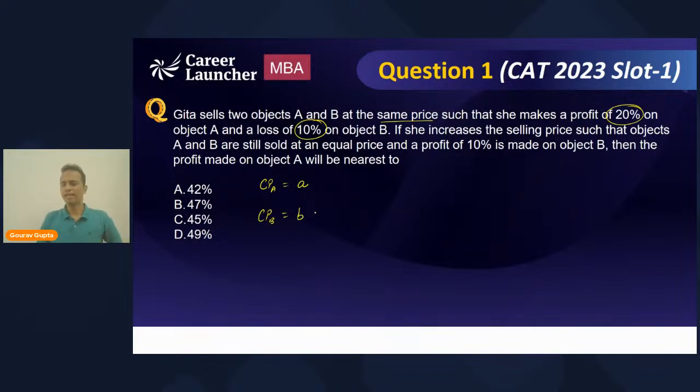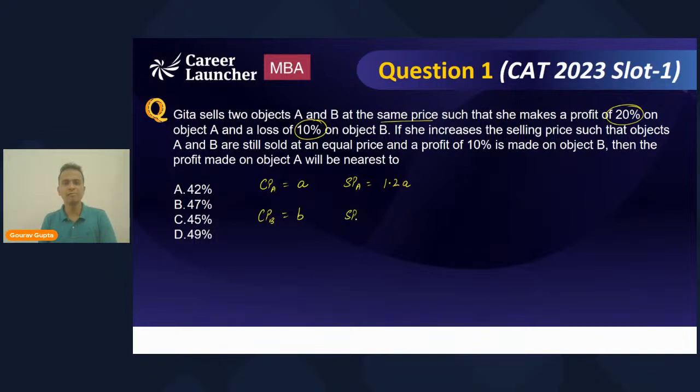Now, I will have to find out the relation between A and B. So, we are given that she has made a profit of 20% on A. So, the selling price of object A will become 20% of A plus the cost price of A. After 20% profit, I can say that the selling price of A will become 1.2A, right?